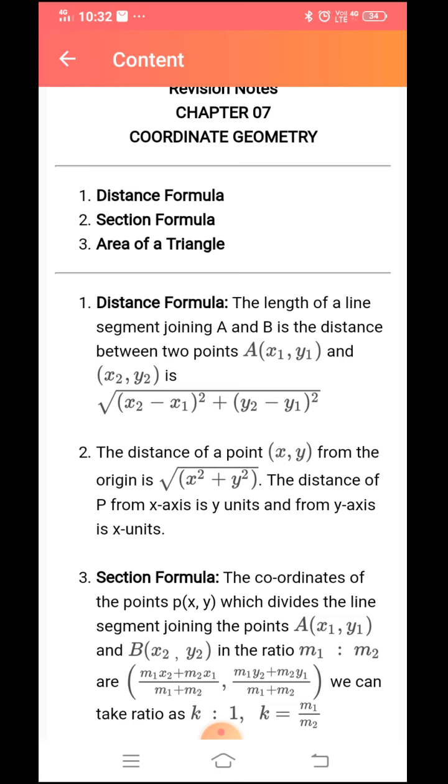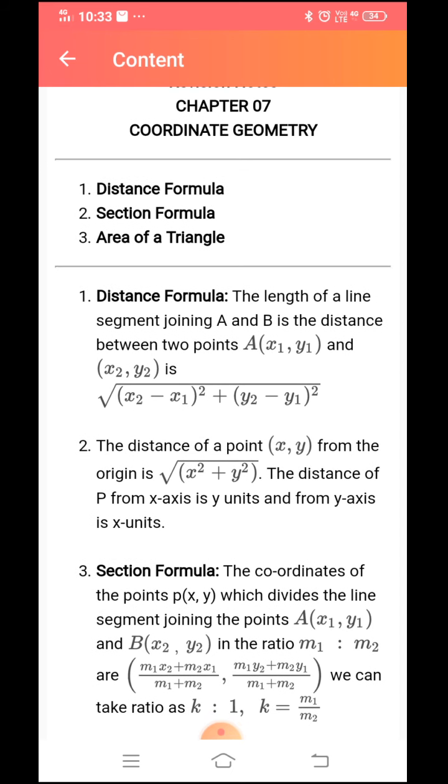You know very well, in each and every chapter some portions are deleted. So in this coordinate geometry, the deleted portion is area of the triangle. So only two concepts: one is distance formula, another one is section formula. So first let me explain what is meant by distance formula.